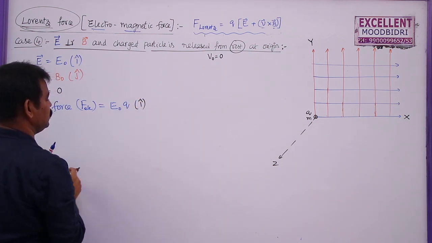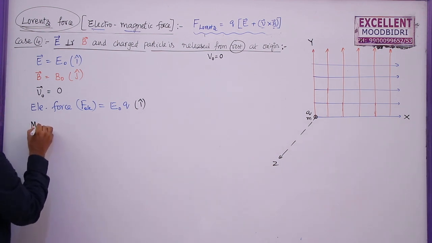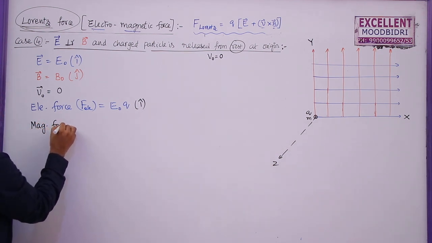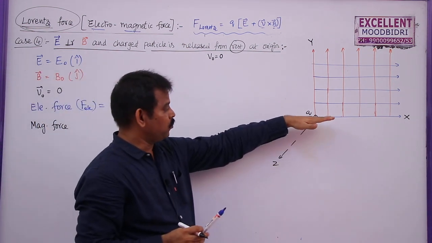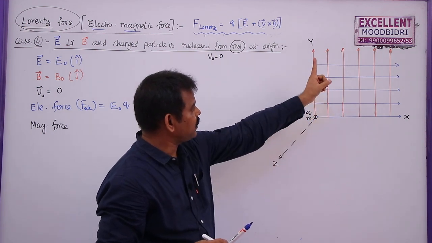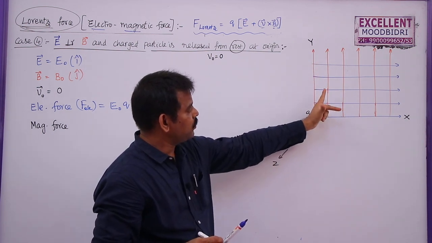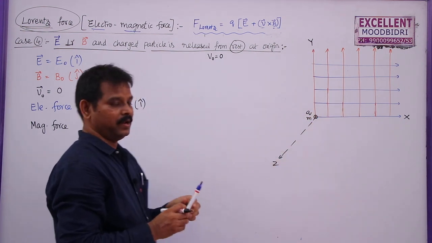So I can write this as E naught q i cap. Similarly, the magnetic force experienced by this charged particle: initially it will not experience any magnetic force. As it acquires some velocity, now the magnetic field is acting like this, the charge is moving like this. Now it will try to move in the xz plane.